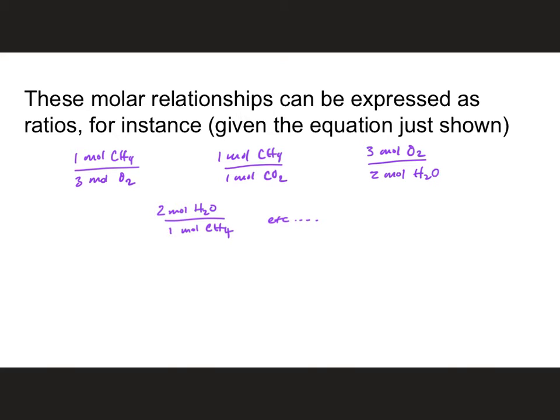A ratio can be made by putting any reactant or product divided by any other reactant or product to express a numerical relationship between them, okay? And these are going to be used as conversion factors to calculate how much of one substance reacts with or is formed from how much of another.